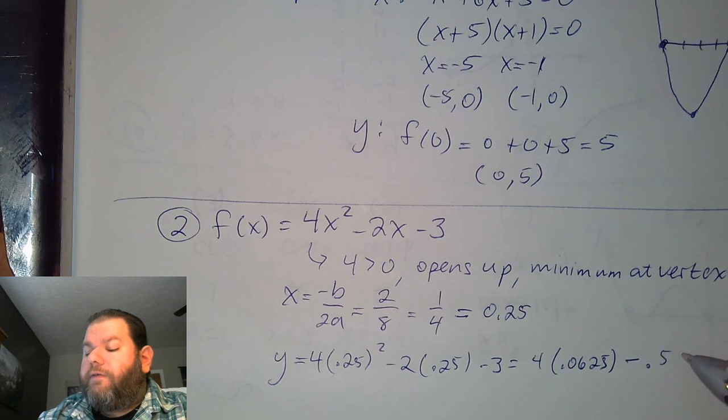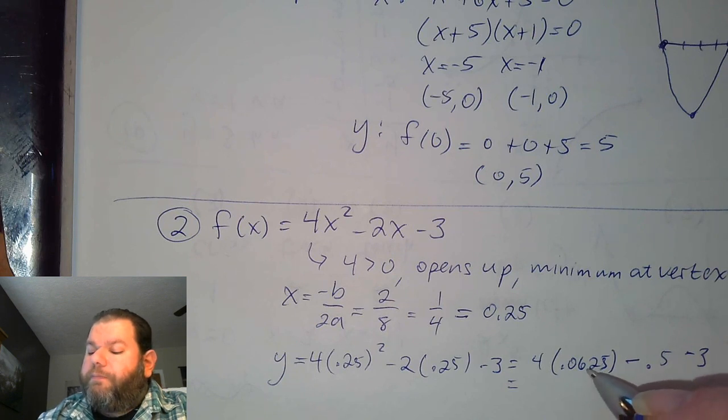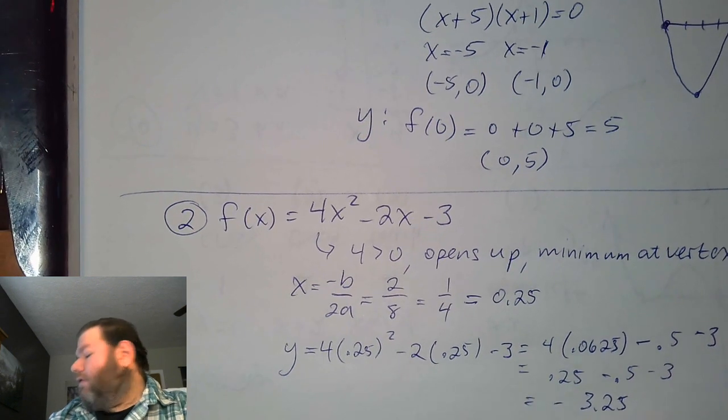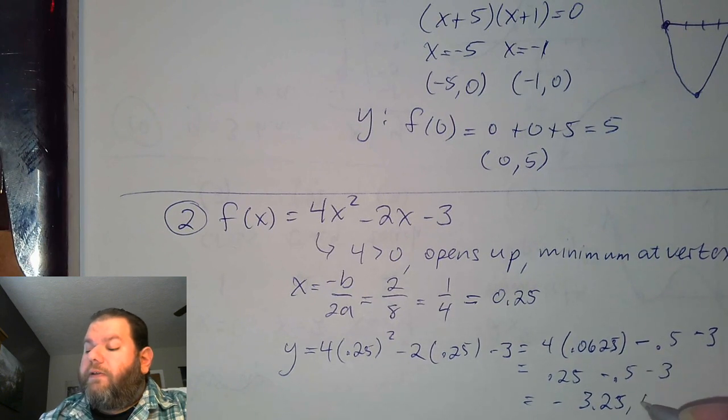Minus 0.5 minus 3. When we multiply it by 4, that's 0.25. 0.25 minus 0.5 minus 3, so it's minus 3.25. And that is the minimum.